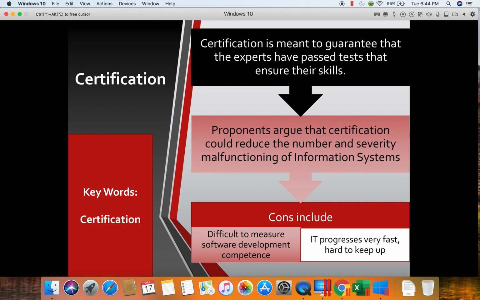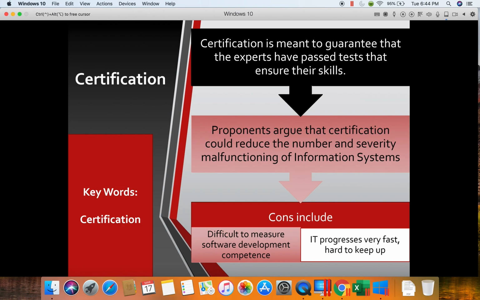If you have certain skills that you can represent by passing certain certification tests, that certainly would make you more marketable in the industry. So for example, much of what we went over in the Excel segment of the class is what would be on the Microsoft Office Specialist Excel exam.